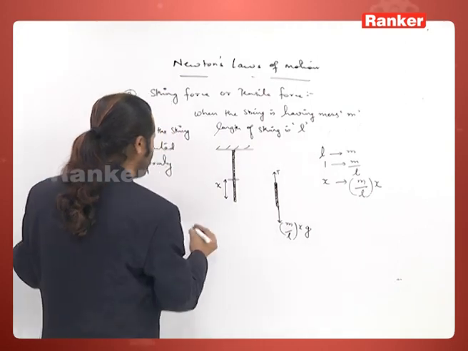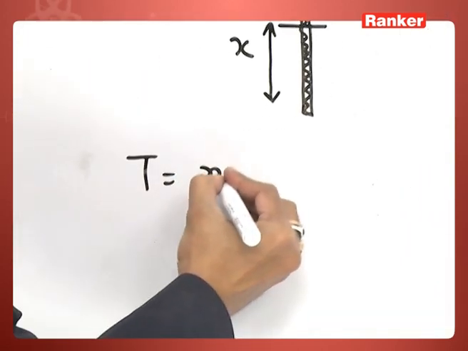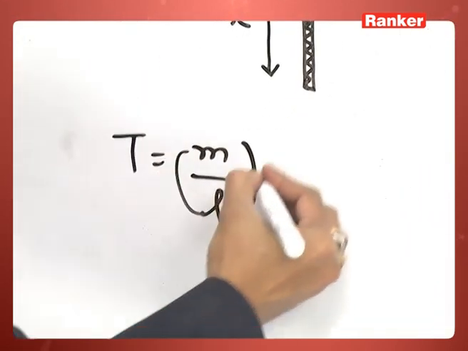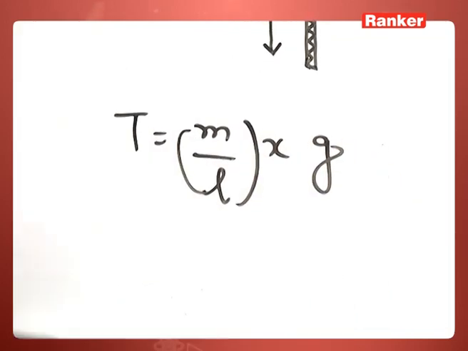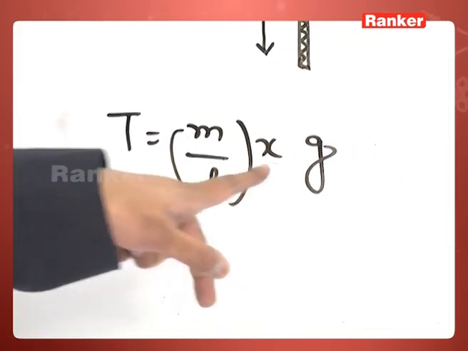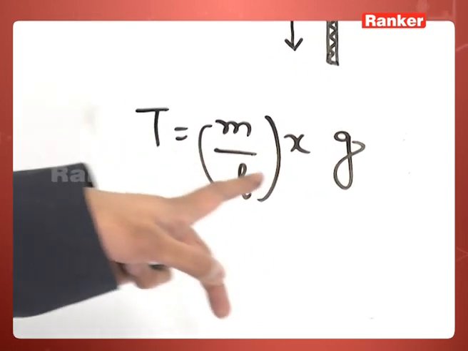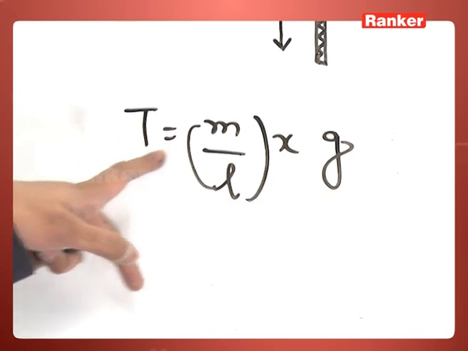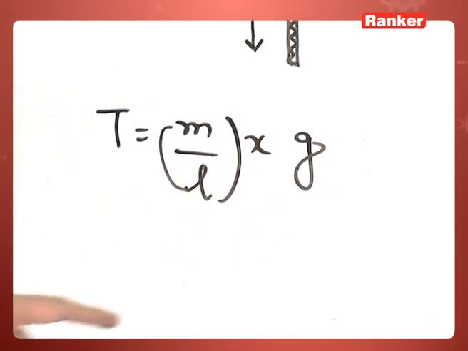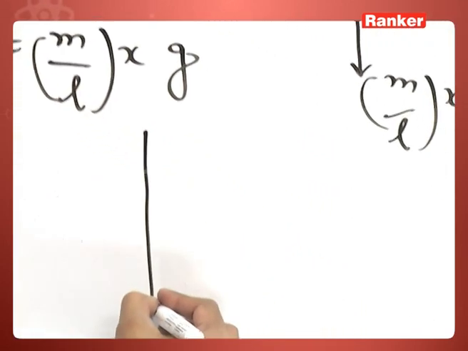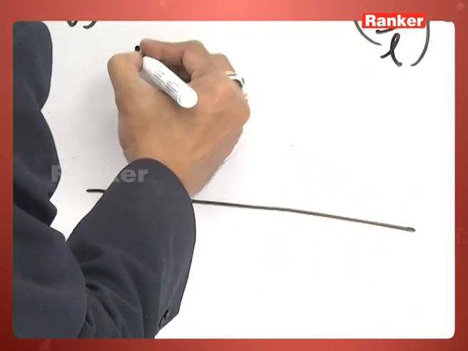So here the tensile force T is equal to m by L into x into g. When x is 0, T is 0. When x is L, T will be equal to m into g. So here I can say the tensile force increases uniformly.